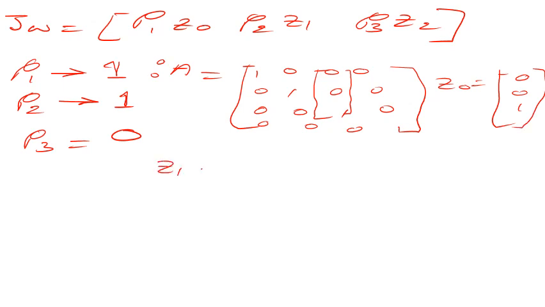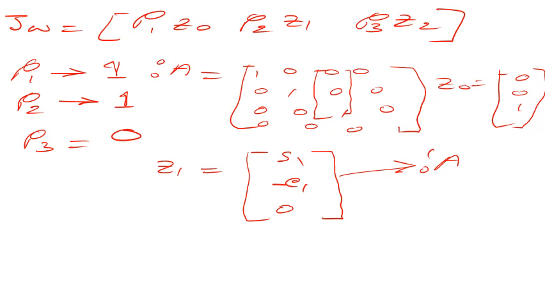Similarly, z1 should be found from the A01 matrix. From the A01 matrix, if you see the previous slide, your z1 would be equal to s1, minus c1, and then 0. Similarly for z2, though it is not needed because rho 3 equals 0, let's still find it.